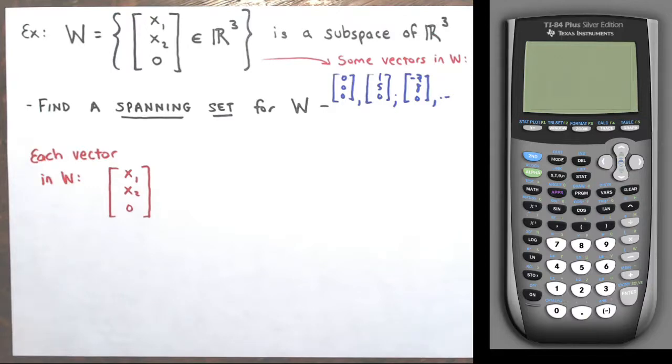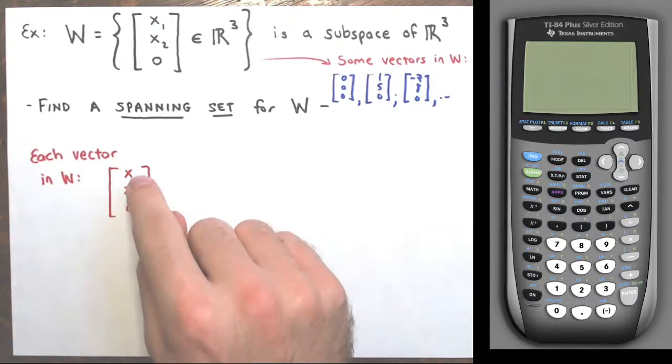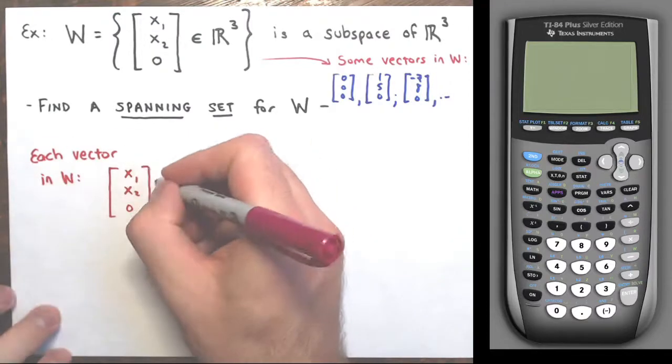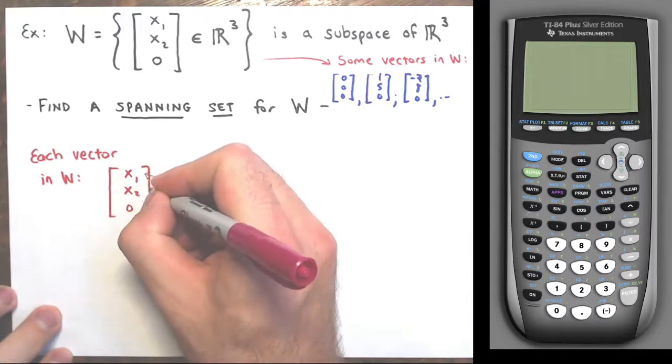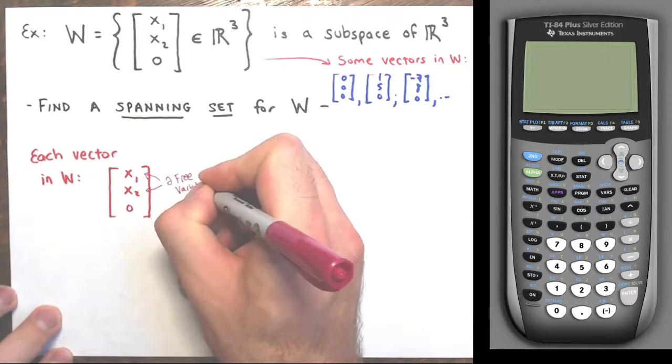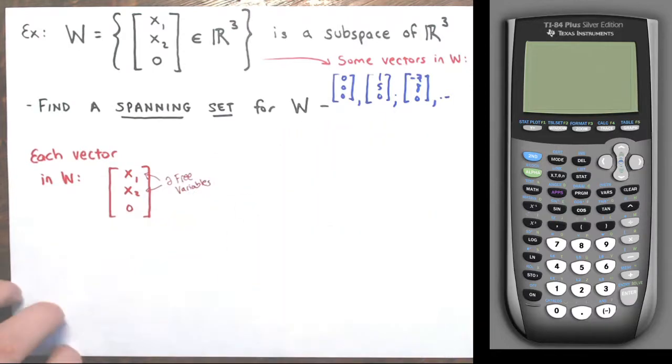For the last example, x1 had to be the opposite of x2, or x2 had to be the opposite of x1. So if you picked a value for one of the variables, you knew what the other one was going to be. You couldn't pick both freely. So here you have what are called two free variables. You can choose these to be whatever values you wish. You've probably seen free variables before. If I say they're free, that means they can be any real number you want.